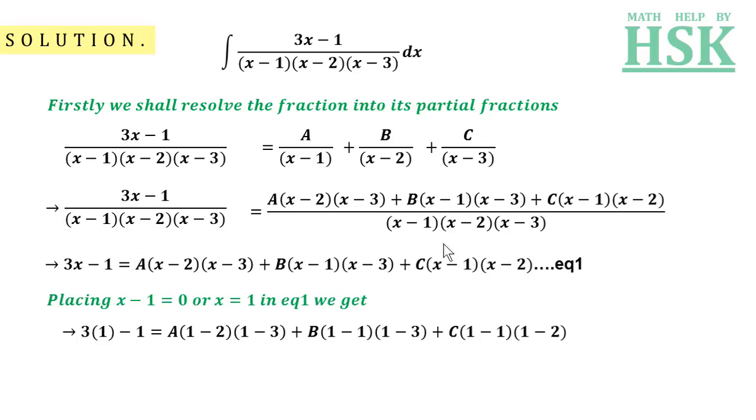Similarly, this is going to also become 0. So I'm going to get 3 minus 1, which is 2. This is going to become 2a plus b into 0 plus c into 0. So this gives me 2a is equal to 2, or a is equal to 1.